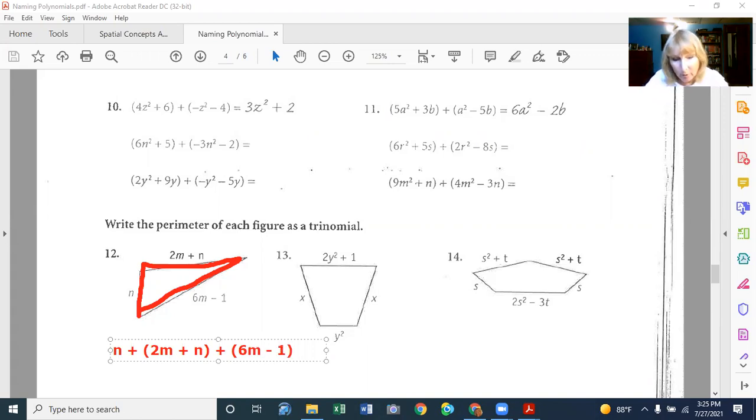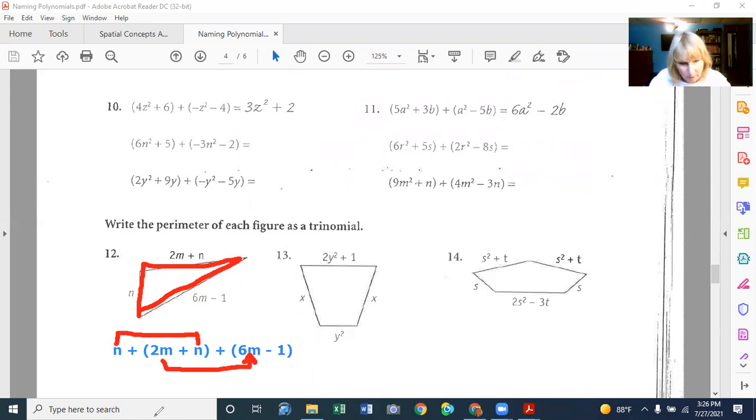And that'll give you your perimeter, but they want us to combine like terms. So if I'm combining like terms, I'm going to use red here. My m's are the same, and my n's are the same. And then I have this minus 1 by itself.